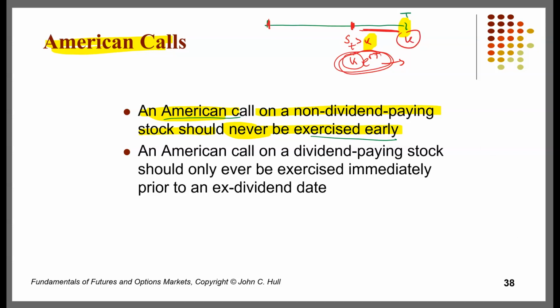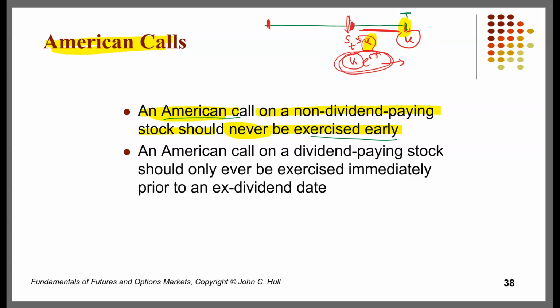So exercising the option means you have to pay the strike price. Why would you pay the strike price now when you can pay it later? That's why you don't want to exercise. At least that's one of the reasons you won't want to exercise the American option early.